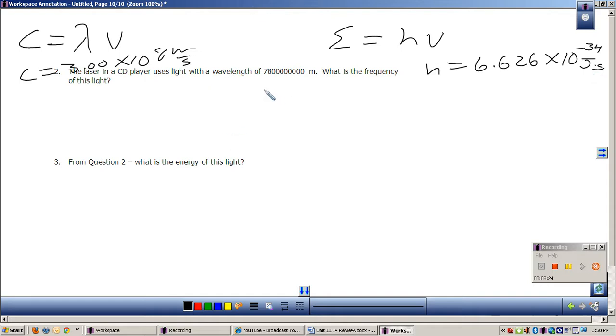So right here, if a CD uses a wavelength of this number, what is the frequency? So again, lambda is wavelength. And that's not a 2 or something like that. That's actually called lambda. It's a Greek symbol. And V is frequency.